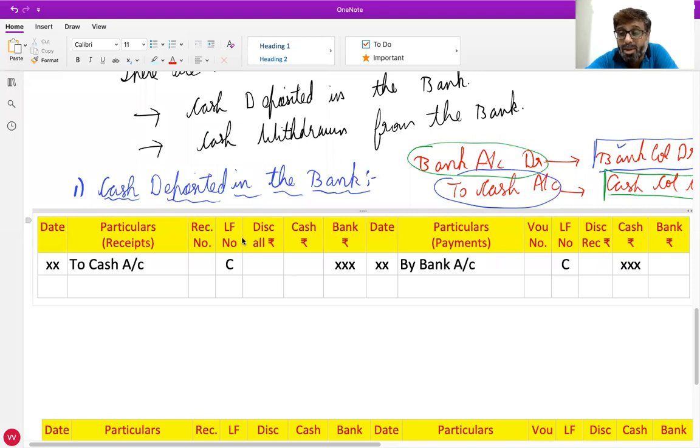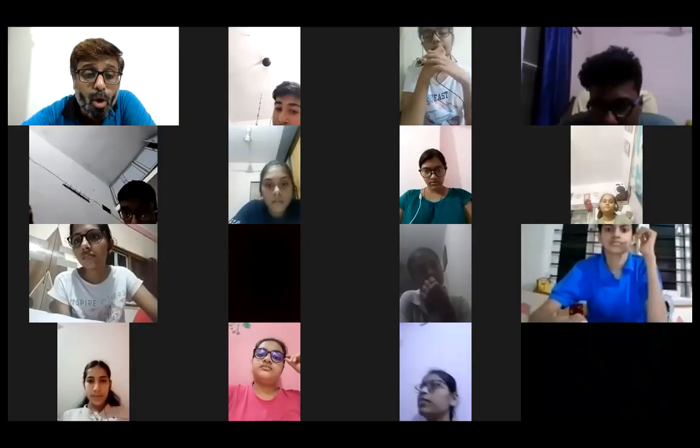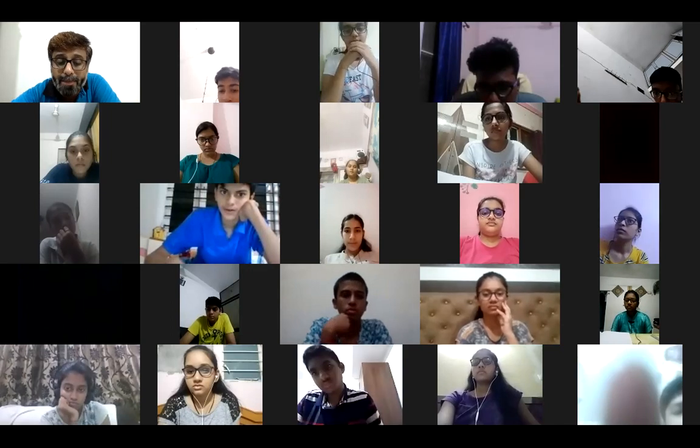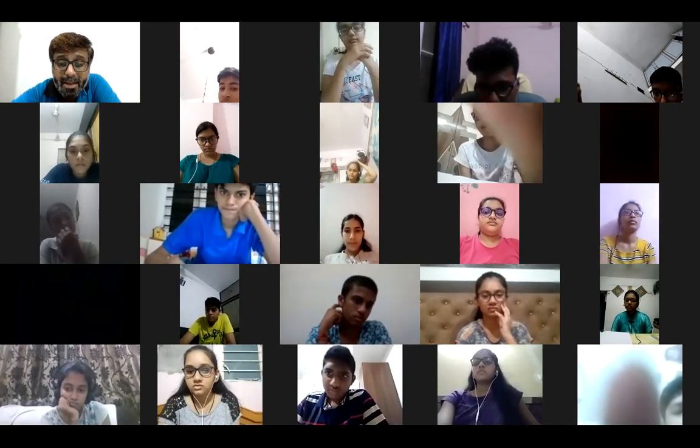Normally, LF number means you write the page number of the ledger book where that account is prepared, right? But we are not going to make that ledger account. So there will be no page in the ledger book. Therefore, in the LF column, we mention C, because in the ledger book, there is going to be no page containing cash account and bank account. Okay. I'll explain this once again.